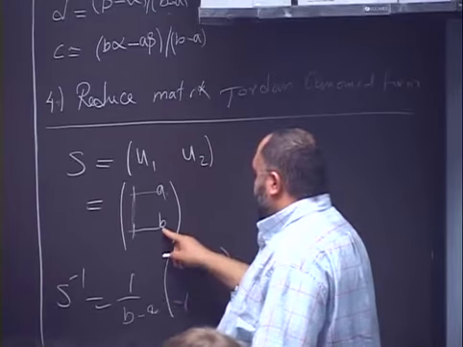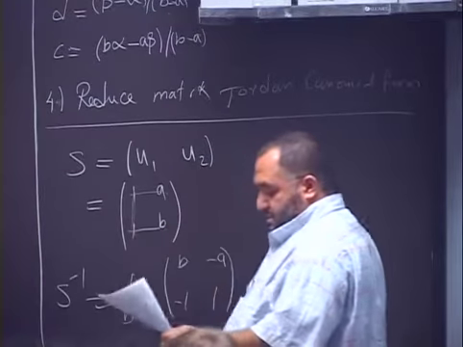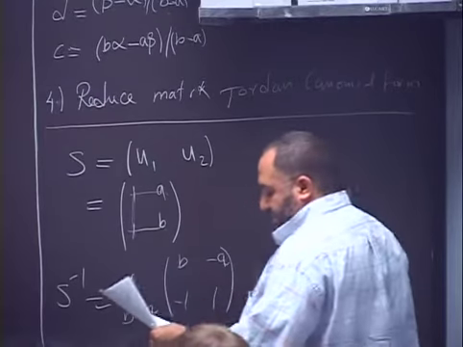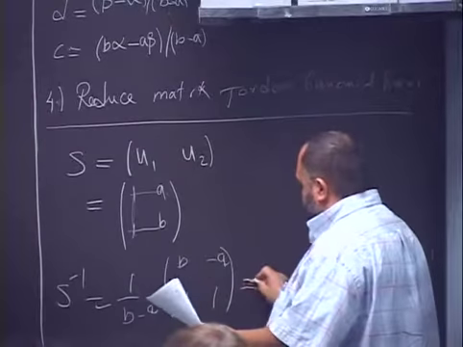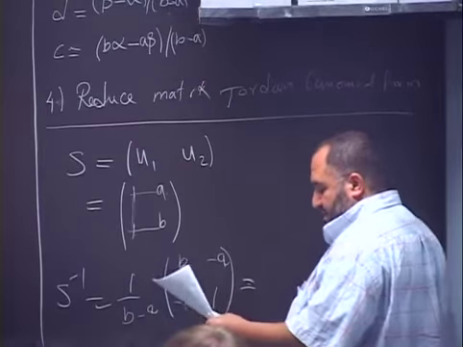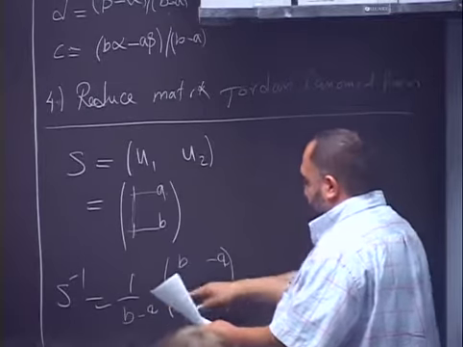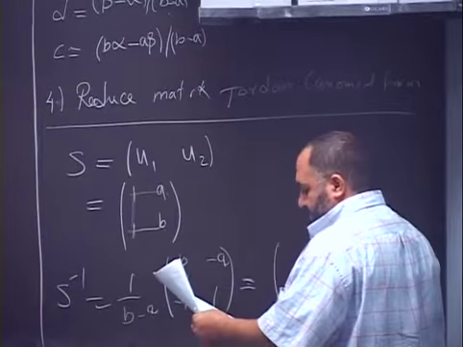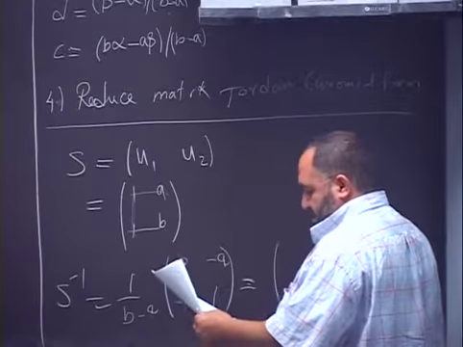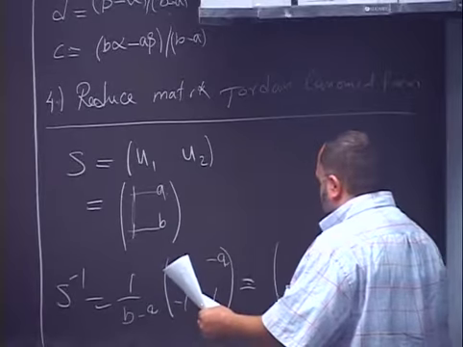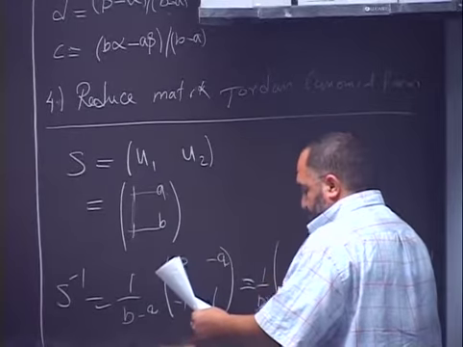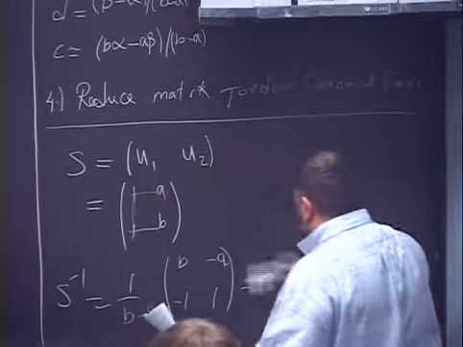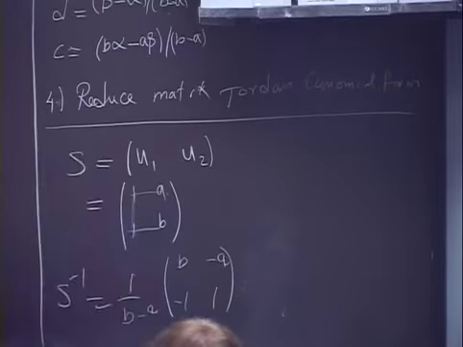And this one will give us 1. So it is 1 over (B minus A) multiplied by the matrix (B, minus A; minus 1, 1). So if you do all the multiplication of 1 over B minus A, you will end up with 1 over B minus A. Of course, this is just this one. You made a mistake here.